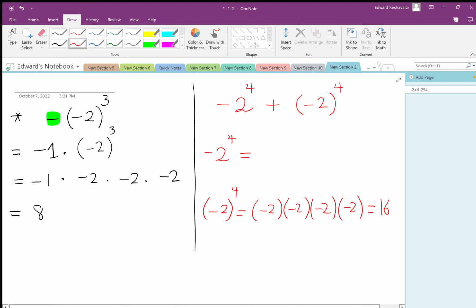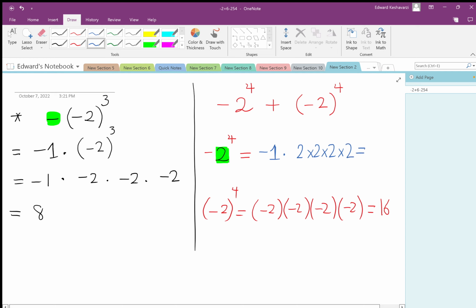So in the next one, if you look at it here, the base is 2 alone because we don't have brackets. So negative has nothing to do with the exponent. So it means 4 applies to 2 only. And that negative, as I discussed before, you can treat it as negative 1. So negative 1 stays there, and you need to multiply 2 by itself 4 times.